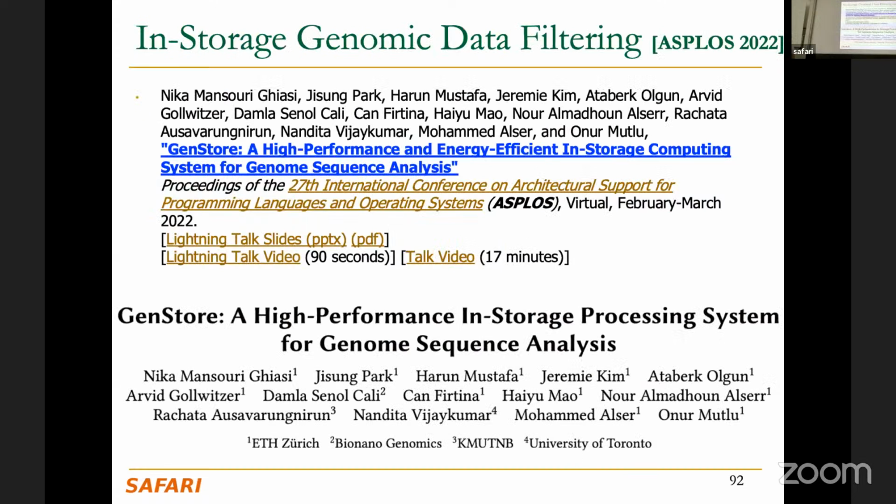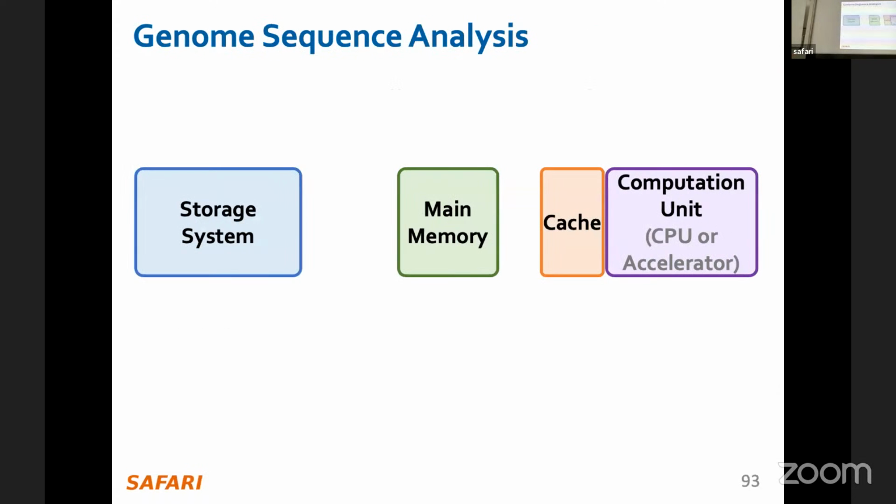So this other one here is a bit more restricted because it's targeting genome sequencing analysis. When you're doing genome sequence analysis, your initial reference genome is stored in these flash devices, and before doing anything, you need to move this genome data to your compute units, and the genome data is some gigabytes or terabytes worth of data.